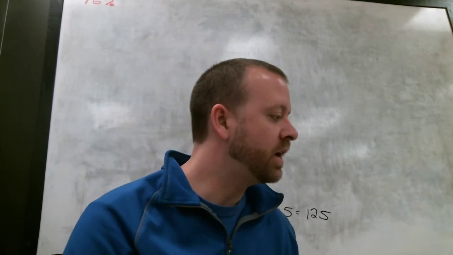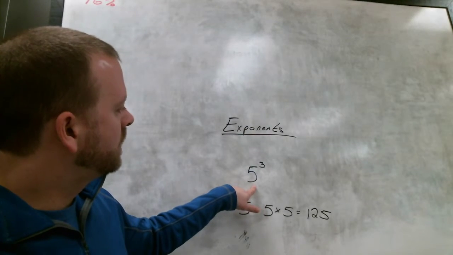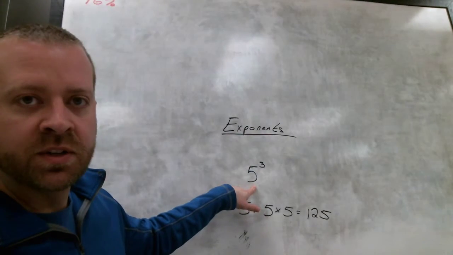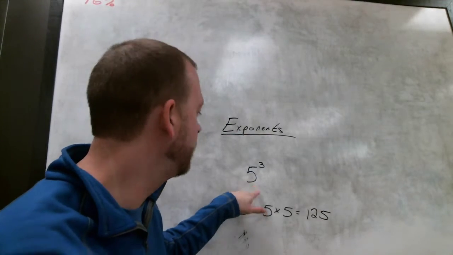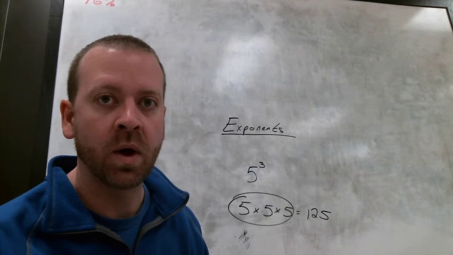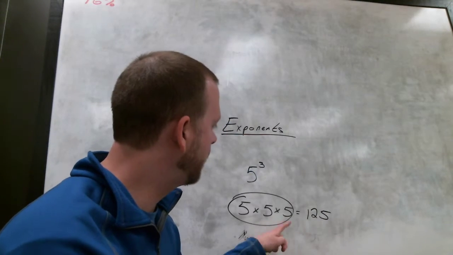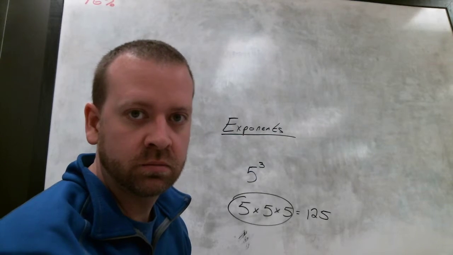Okay? Now, at first, what they're going to do is they're going to give you this, and they're going to ask you to put it in what's called expanded form. And basically, this is expanded form. Okay? So they'll ask you to put it in expanded form, and then maybe answer it. Okay?